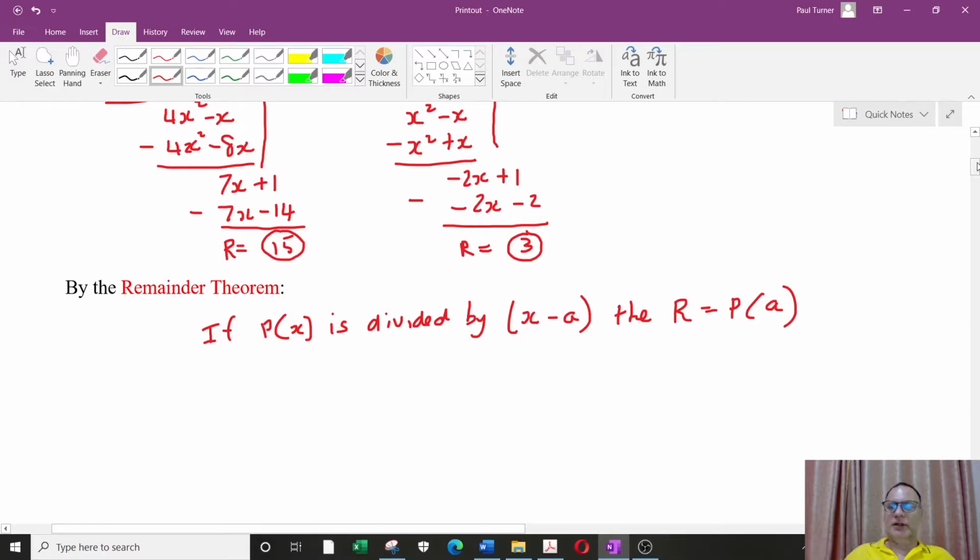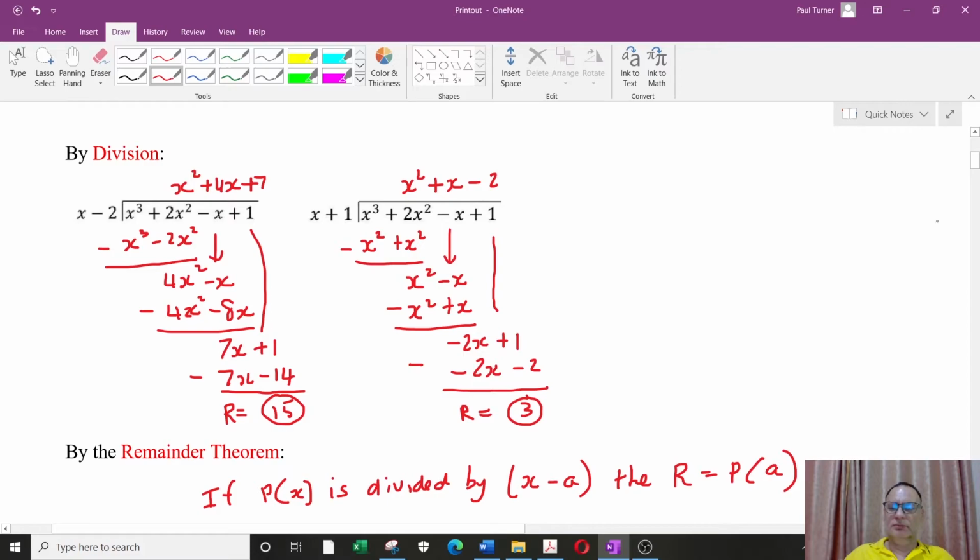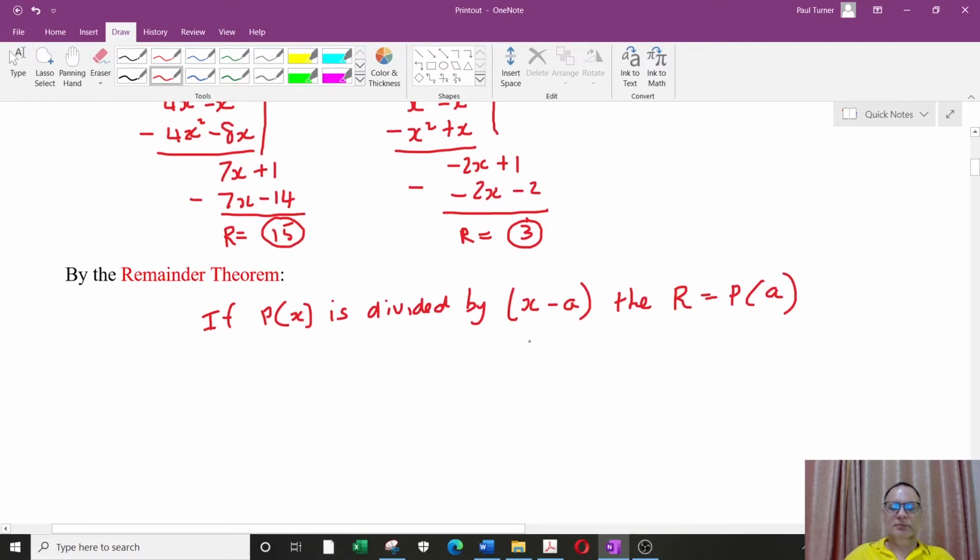In this question, we've got x minus 2. The first question is x minus 2, which is telling you that the a value is 2.